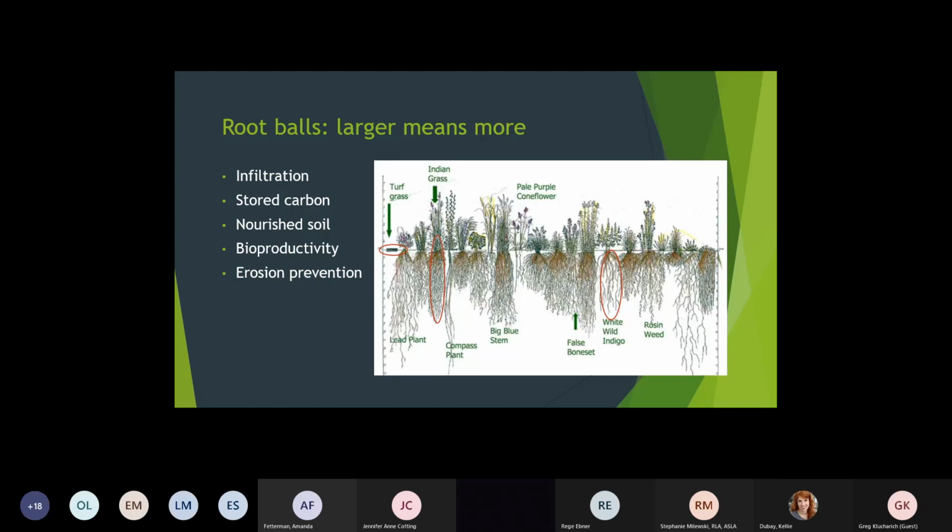Now that just benefits the indigo, but it does allow those plants to live in poor soils like clays. It increases bioproductivity, allowing more habitat in the soil. And roots, of course, whether they're long or short, help prevent erosion.